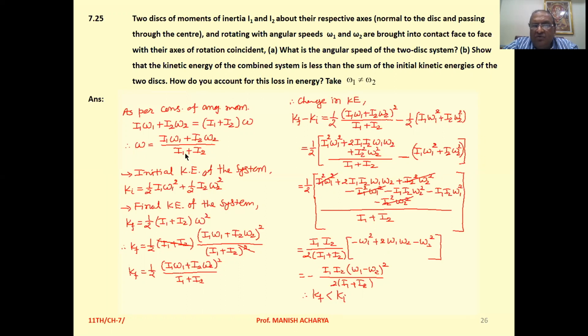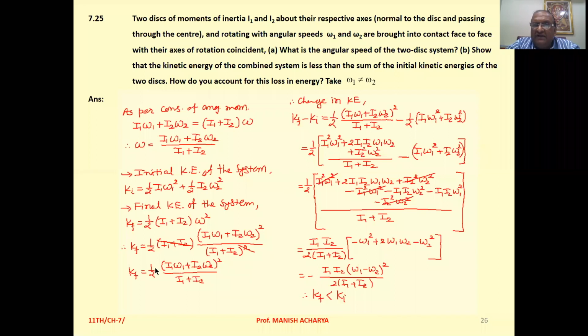But now here substitute the value of omega. Put the equation we derived here in place of omega. So I1 omega 1 plus I2 omega 2 whole square upon I1 plus I2 whole square. So one I1 plus I2 cancelled. So K final is equal to half into I1 omega 1 plus I2 omega 2 whole square upon I1 plus I2.